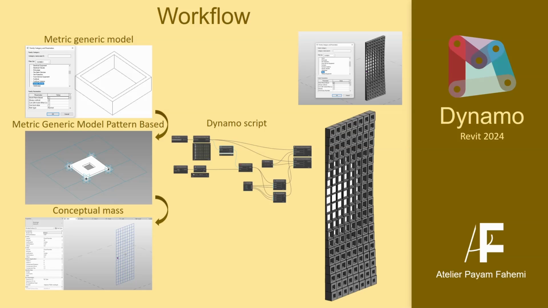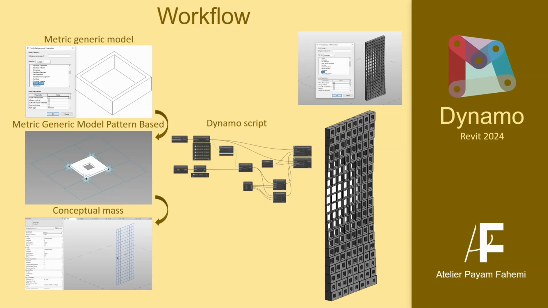And then we are going to load this pattern inside the conceptual mass where we set up our facade panels and pattern and select the pattern that we created in the family of metric generic model pattern.